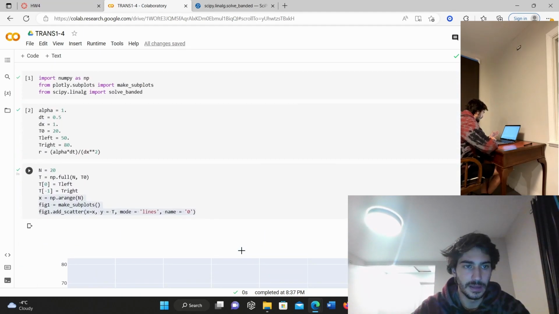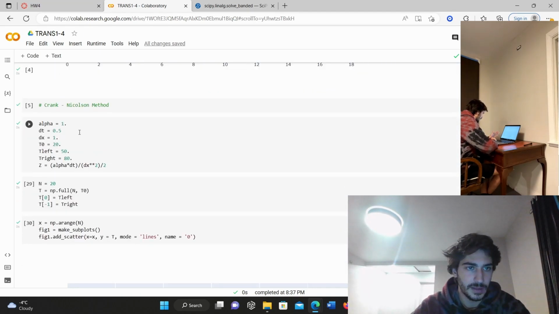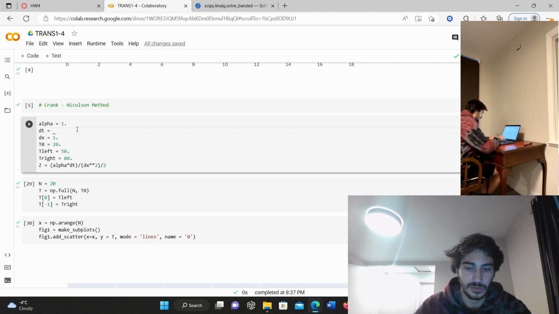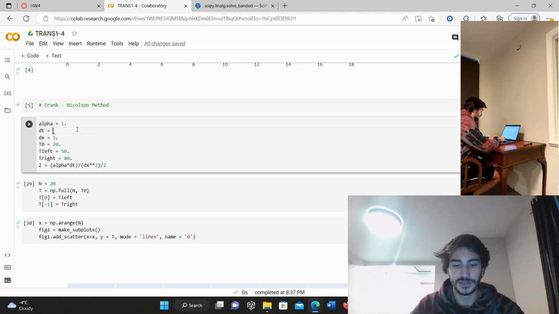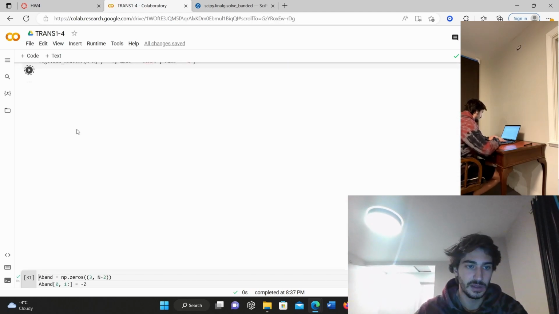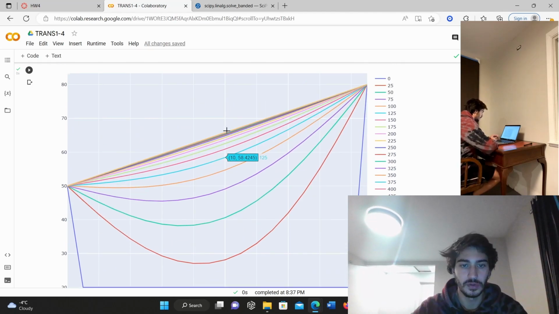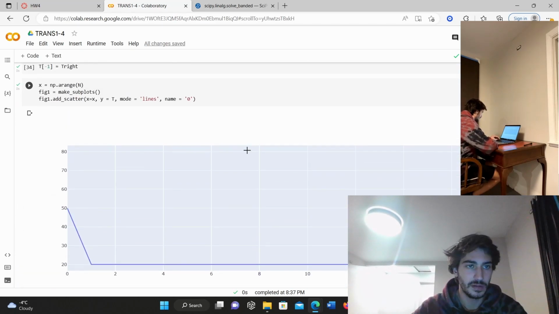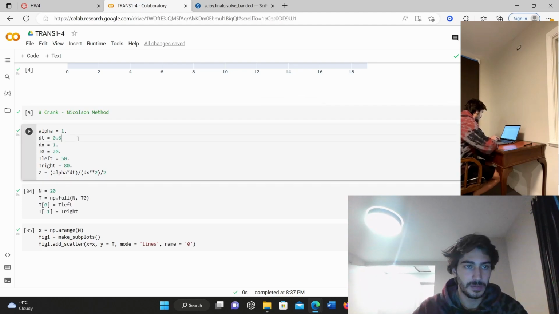If we change this dt, whenever we went over 0.5 there was an issue, so let's simply go to 0.6 and see how it reacts. Beautiful, just as fine. Now let's shoot it up for fun to 1.